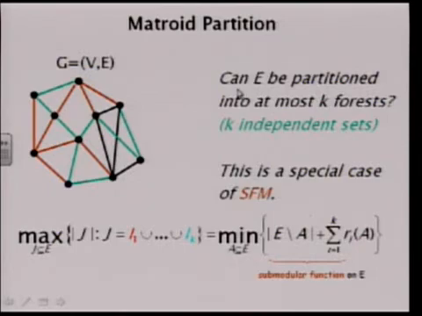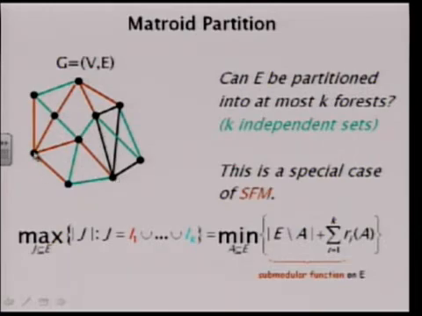For instance, if you ask the question, can we partition the edges into, at most, K forests? Then this question means what? I have all these edges, right? And then how can I partition them into forests? You cannot have anything that contains cycles, right?